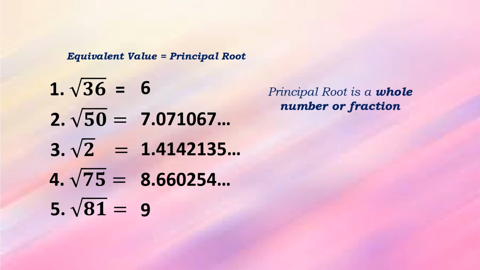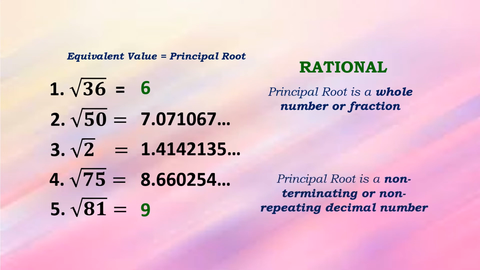That means when a principal root is a whole number or fraction, then the principal root is described as rational. When the principal root is a non-terminating and non-repeating decimal number, then the principal root is described as irrational.